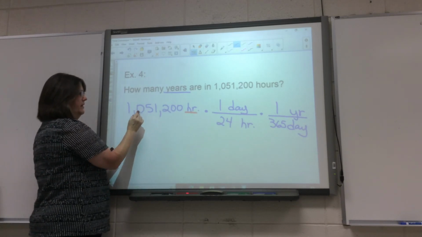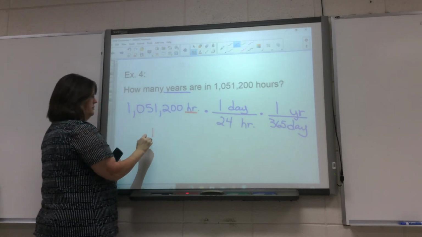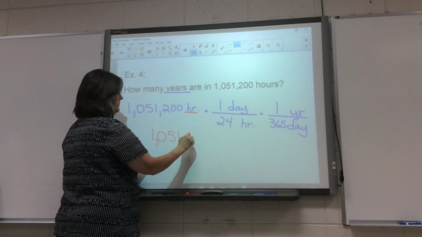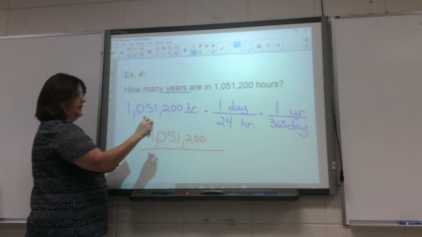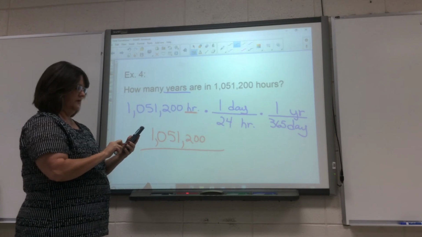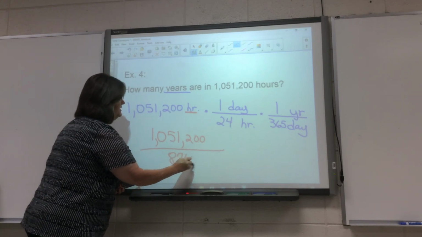So in my numerator, I've got this number times 1 times 1. So we're going to put this number in the numerator. And in the denominator, we're going to multiply 24 times 365, which is 8,760.